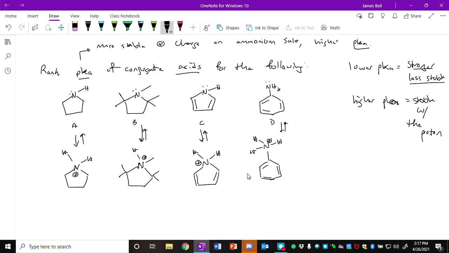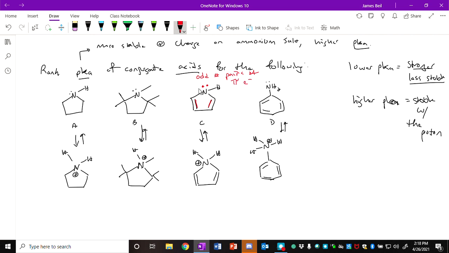So first thing I notice here is C. And we talked about aromatic rings. We said an aromatic ring has to have 1, 2, 3, not necessarily 3, but it has to have an odd number of pairs of pi electrons to be aromatic.